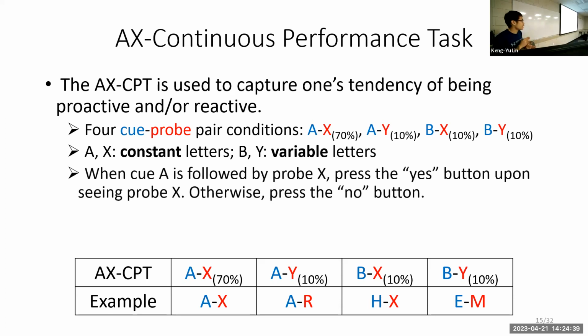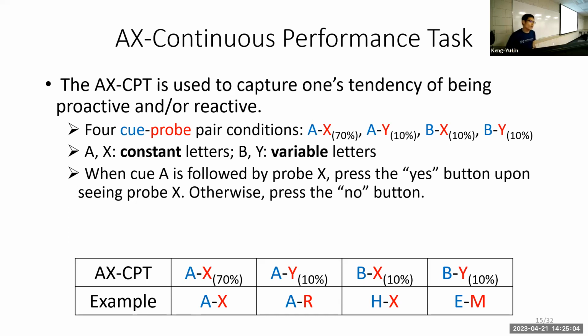What participants have to do during the experiment is that the Q and probe pairs will be presented one by one, and participants have to respond when they see the probe. When Q A is followed by probe X, participants have to press the yes button. In other combinations, they have to press the no button, right?